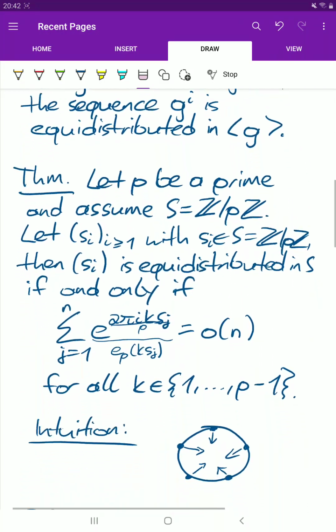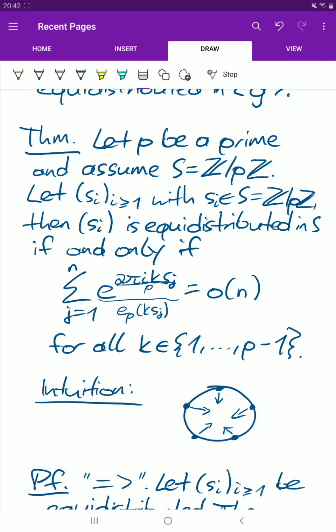Okay, so last time we wanted to prove a theorem in the case where S has cardinality of prime, so we can assume it's Z modulo pZ. Let me first tell you there was a small mistake. Namely, the claim is that this is equidistributed if and only if this exponential sum of e to the 2 pi i k s_j divided by p, which we will also call e_p of k s_j, is in small o of n.